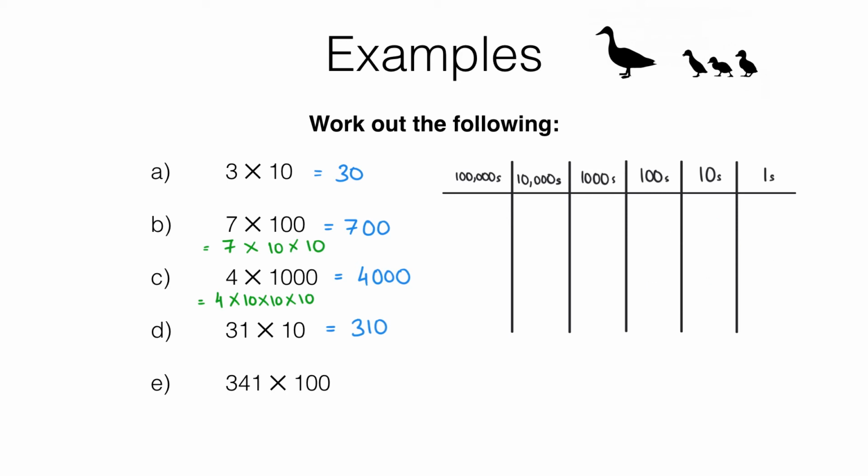341 is 3 hundreds, 4 tens and 1 unit. And we're multiplying by 100, which is the same as multiplying by 10 and multiplying by 10 again. So what we need to do is move each digit not once but twice. We're moving each digit 2 place value columns to the left.